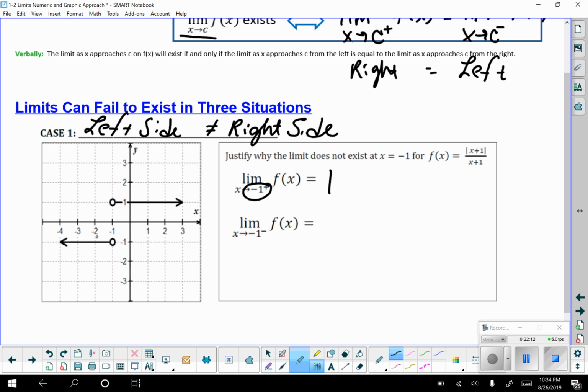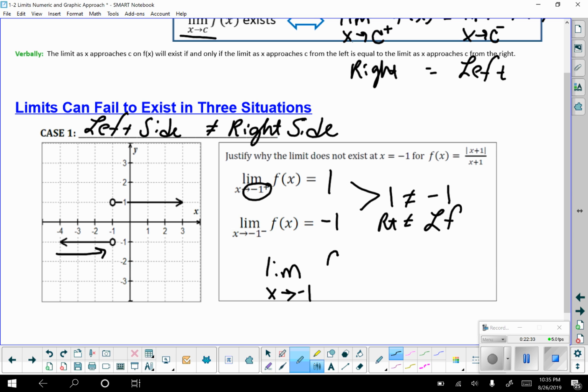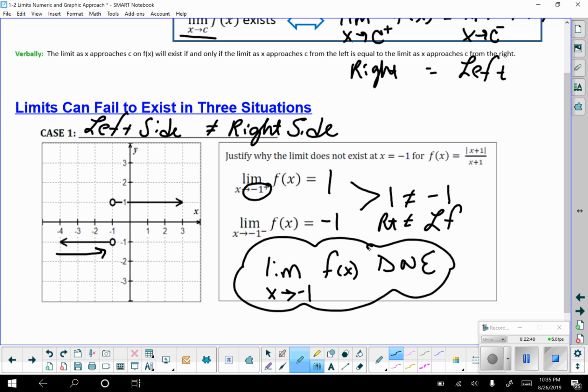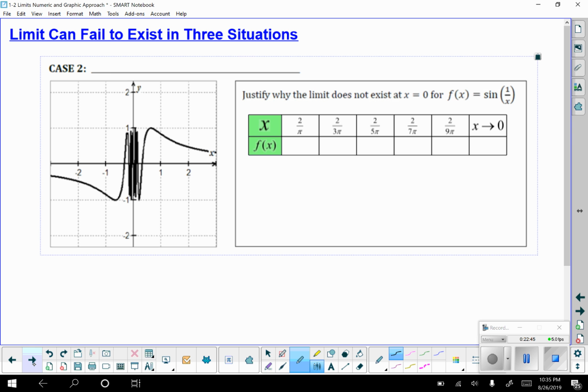And then this horizontal line has a height of -1, so from the left side of -1, it is -1. The first thing I notice here is 1 does not equal -1, so the right-hand limit doesn't equal the left-hand limit. And so the limit as x approaches -1 of f of x does not exist. The limit at c being -1 does not exist.